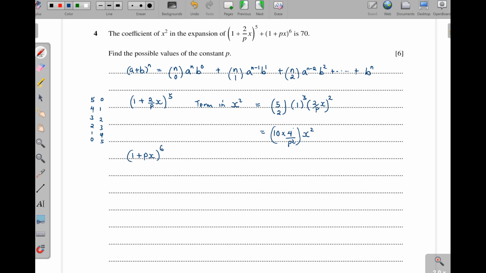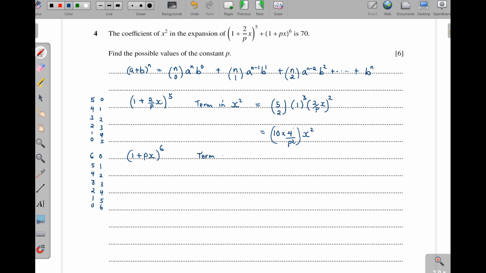This one is, the powers are going to move like how is 6, then 5, 4, 3, 2, 1, 0. Then we have 0, 1, 2, 3, 4, 5, and 6. We are not supposed to expand each and everything here because this one has 7 terms, right? We only need the term in x squared. You get that?